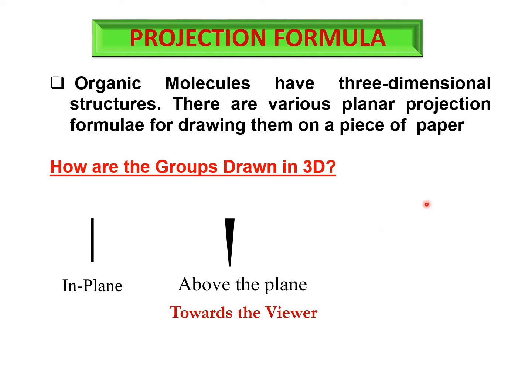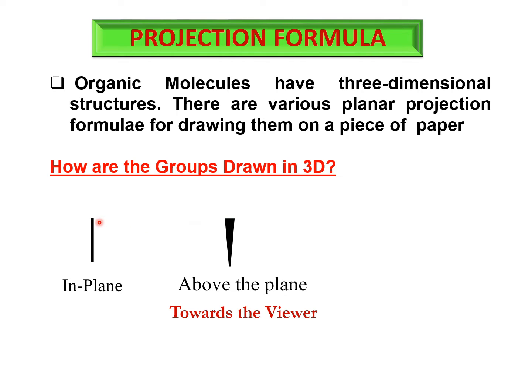Your screen is two-dimensional, your central atom to which this group is attached is in this screen, and the atom or group that is attached to that particular central atom is coming out of this screen, and it is towards you. Now you are sitting in front of the screen, so it means that this group is also projected outwards towards you. It is in front of the screen.